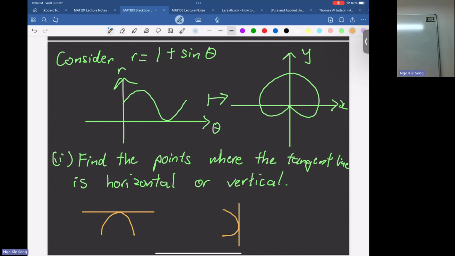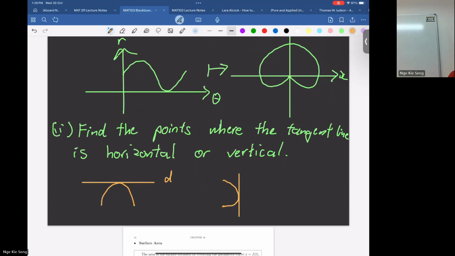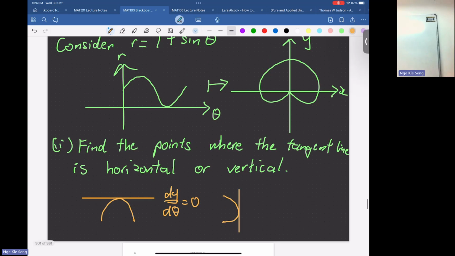So meaning what? You want dy/d theta to be 0. How about vertical? If you look at vertical, what thing doesn't change? The x direction doesn't change. Okay, so you want dx/d theta to be equal to 0.